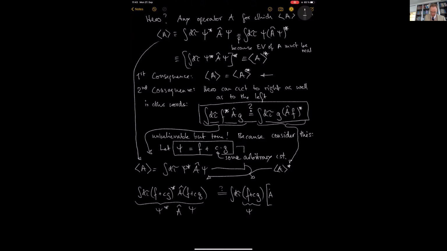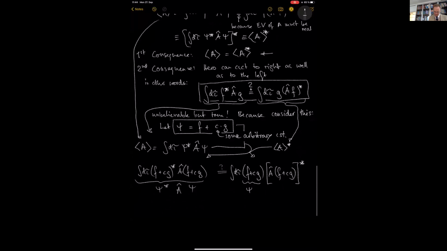Times, and now we have A acting on F plus CG complex conjugate. Okay. All right. So now we have these terms, and we can simply factor them out.